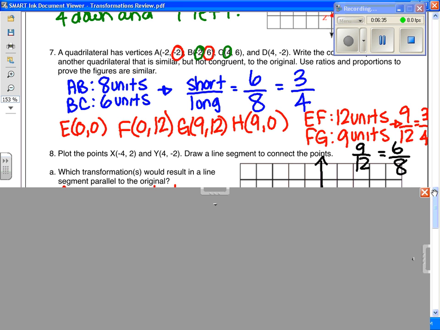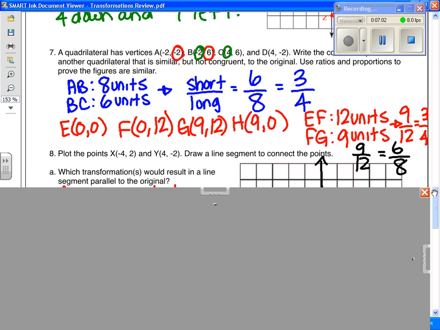I'm going to compare this with a ratio doing short side divided by long side, so that would be 6/8, and that simplifies to 3/4. So I just need to make a rectangle that will have the side length simplify down to 3/4. I chose a rectangle with side lengths of 9 and 12, and I put it at the origin, so it would be really easy to write all of my points.